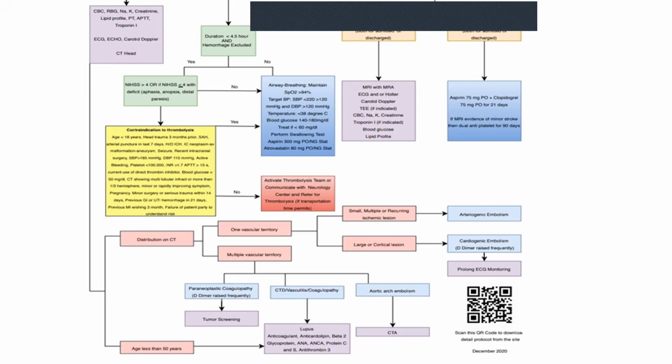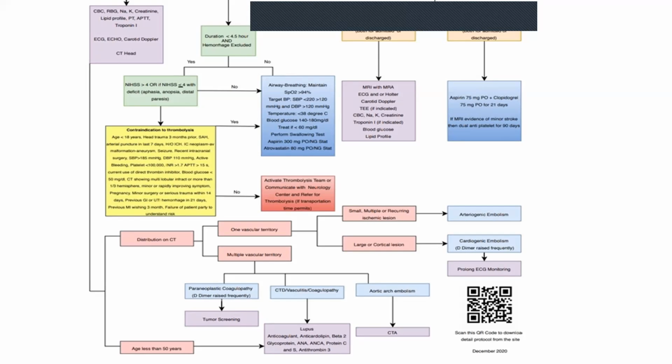If there is CTD or coagulopathy, then lupus should be ruled out, and lupus anticoagulant, anticardiolipin, beta 2 glycoprotein, ANA, ANCA, protein C and S, and antithrombin 3 should be done. If there is aortic arch emboli, then CTA should be done. If the patient is less than 50 years, then again we should rule out vascular coagulopathy like lupus.